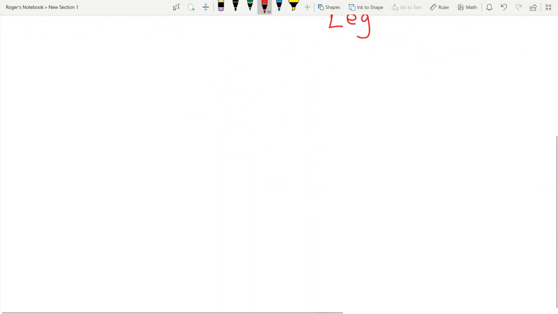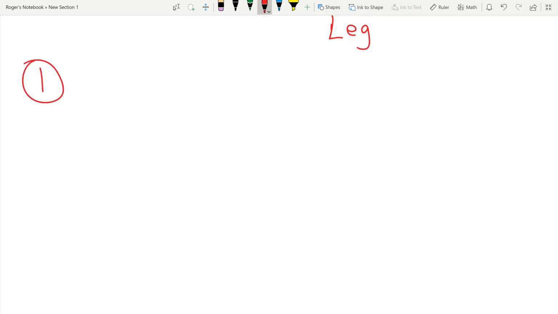So I'm going to give you a triangle, and you are going to find the hypotenuse. So here we go, example number 1. We have a little right triangle. Let's draw it right over here. Here it is. Sorry for a very sloppy triangle.